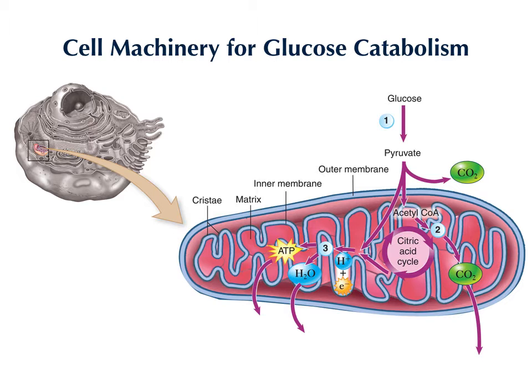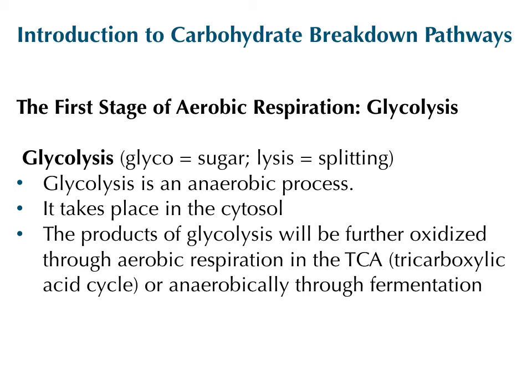And then the reduced coenzymes that we just discussed move into the electron transport and oxidative phosphorylation, which occur on the inner membrane of the mitochondria. Okay, so that's our little review of what we've learned.